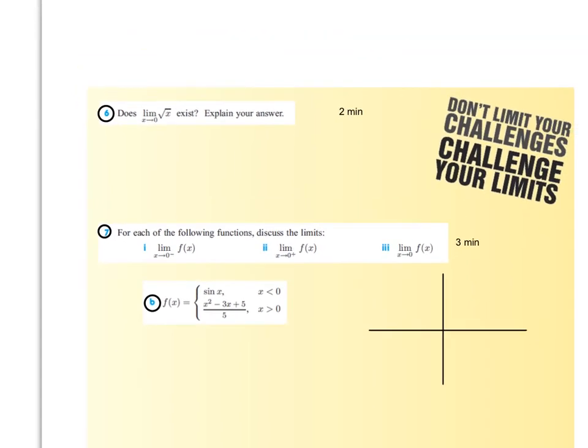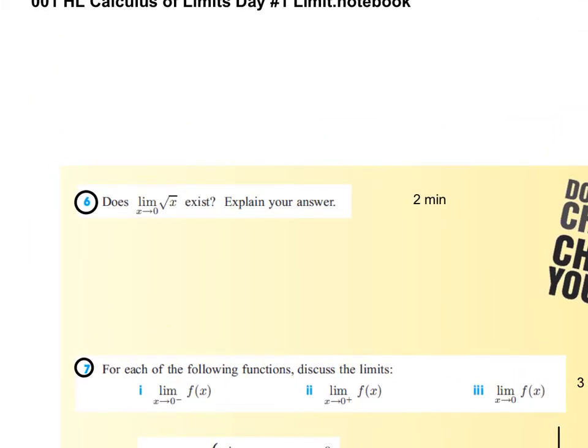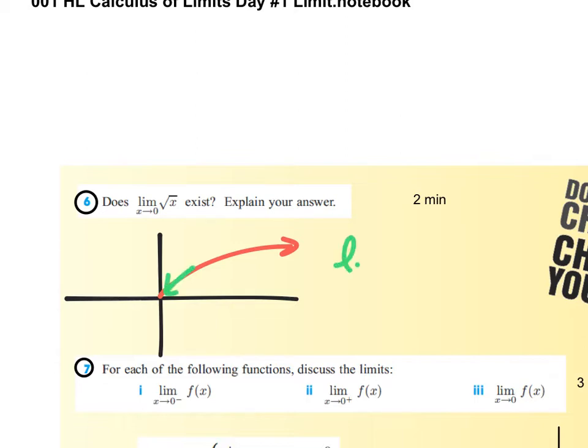All right. I just want to cover this one right here. Does this limit exist? Let's sketch it and see. What does the square root of x look like? It looks like this. Okay. Does this limit exist? Well, there's a problem here. The right-hand limit is 0. So the limit as x approaches 0 from the right of f of x is equal to 0.